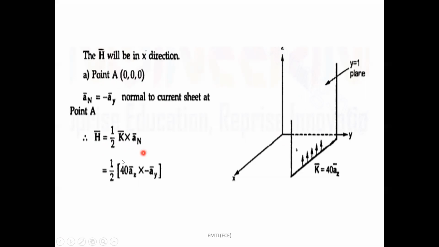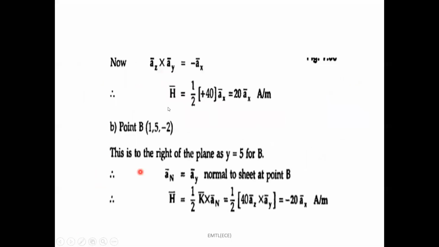Here K bar indicates the direction of the current, and AN bar is the direction of the normal to the current sheet at point A. The K value is given in the problem, that is 40 AZ bar, and AN bar is equivalent to minus AY bar. Why? Because it is along the y is equal to 1 plane. Now 1 by 2 times 40 AZ bar cross minus AY bar.